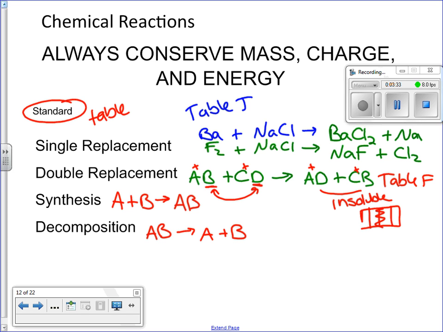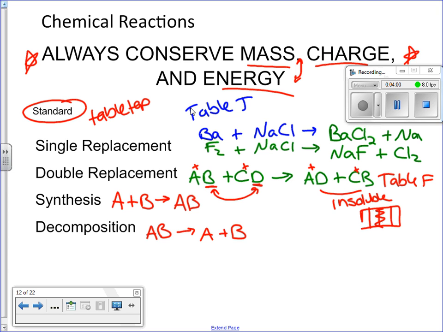We do these in lab, or like lab bench. Important to note is that every single chemical reaction that we do will conserve mass, charge, and energy. Sometimes mass will be transferred into energy, but the overall will be the same. Okay, so we're conserving mass and energy as well as charge.